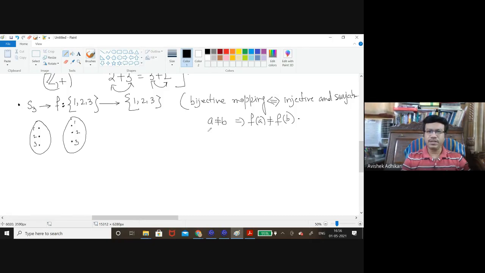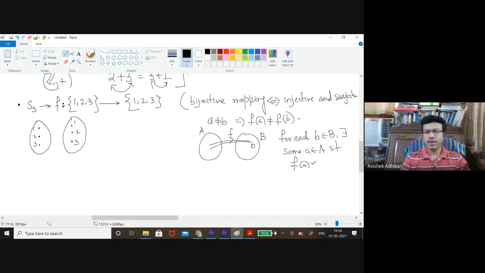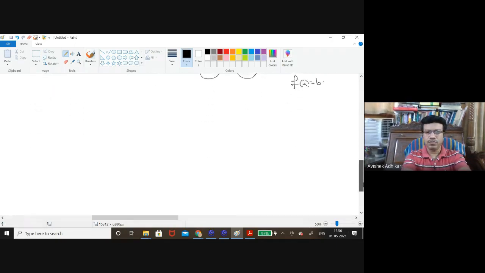And what does surjective mean? Say f is a function from A to B. Then I call it surjective if for every B there must exist some A. So for each B belonging to B, there exists some A belonging to A such that F(A) equals B. Let me give an example, then it will be easier to understand.